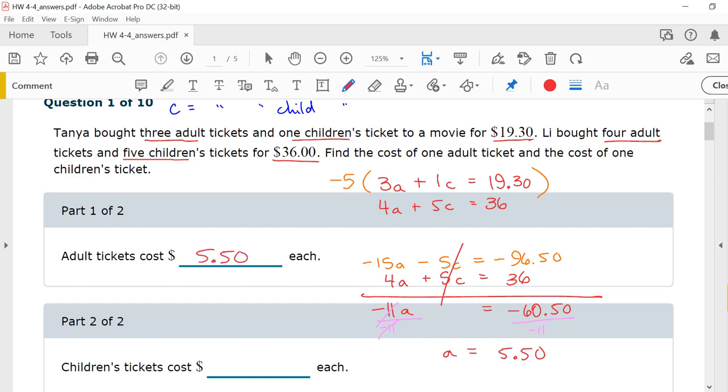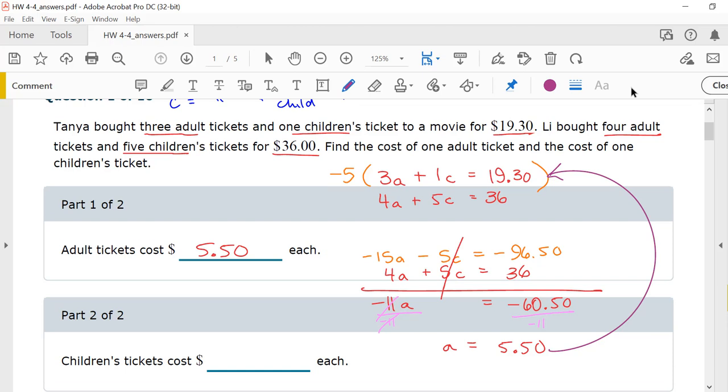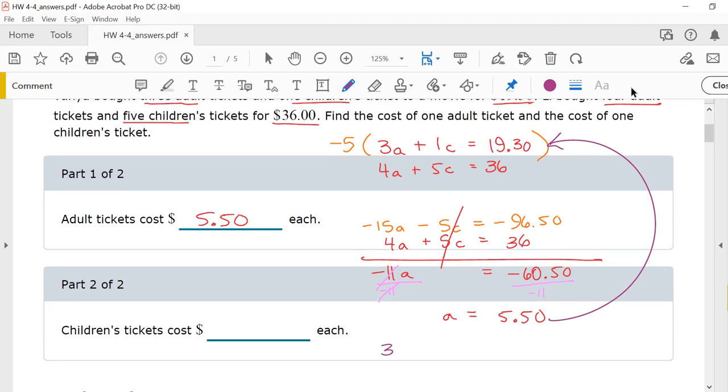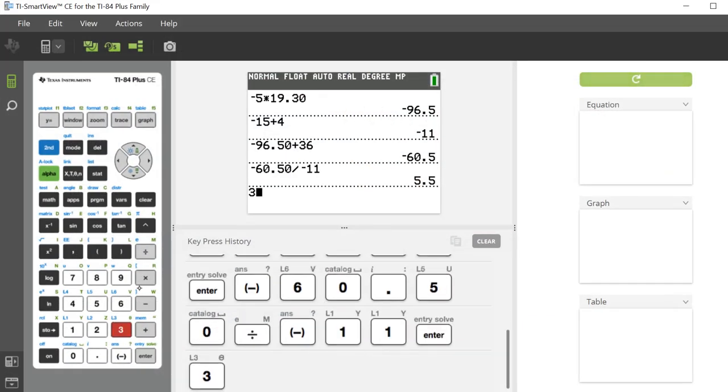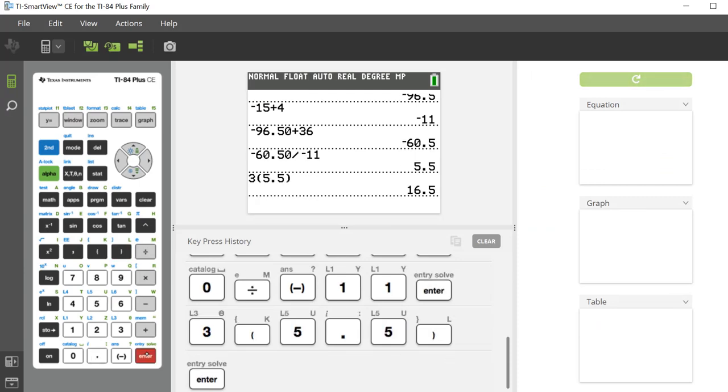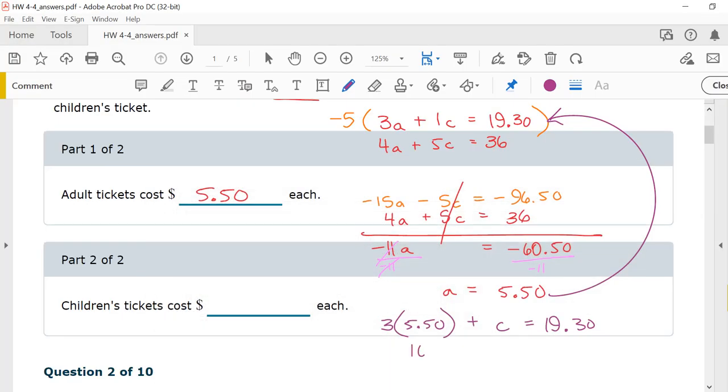How do I get the children's ticket? Well, I'm going to plug that value back in to one of those two equations. I'm going to do the top equation. So 3 times 550 plus 1C equals 1930. 3 times 550 is 16.5 plus C equals 1930.